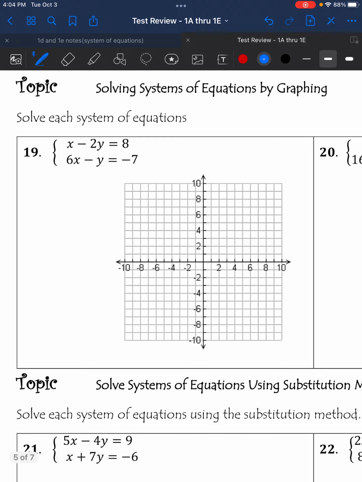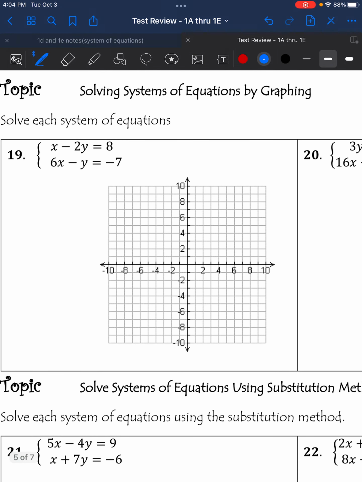All right, number 19. Solve by graphing. I would get all of them in slope-intercept form. So the top equation, just subtract x, divide by -2, negative divided by negative is a positive.